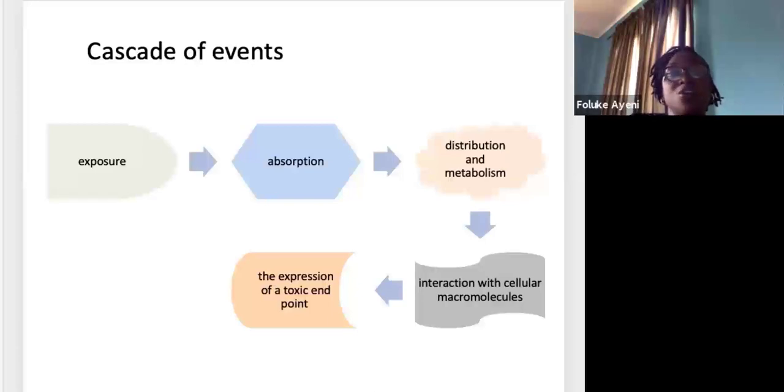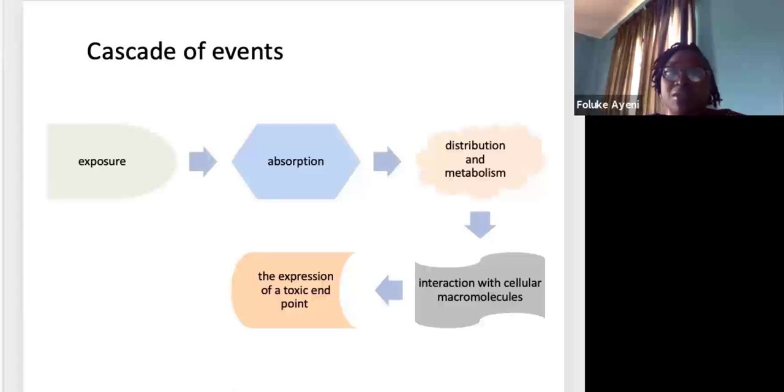This leads to a distribution of the toxic materials in the cellular organism. The material could be metabolized to further toxic substances, and then it leads to an interaction with cellular macromolecules in the organism, which then goes on to express the toxicity that we see in various situations. So it's a cascade of events.